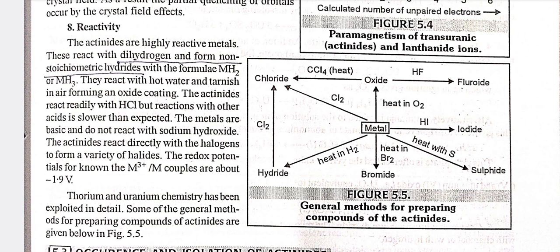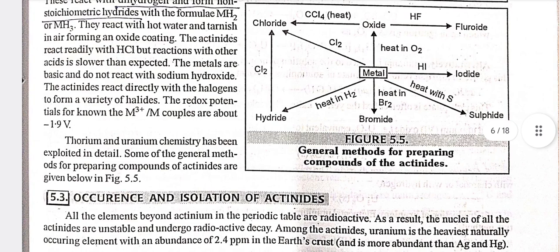The metals are basic and do not react with sodium hydroxide. The actinides react directly with the halogens to form a variety of halides. The redox potentials for the known M3+ ion couples are about -1.9 volt. Thorium and uranium chemistry has been exploited in detail.